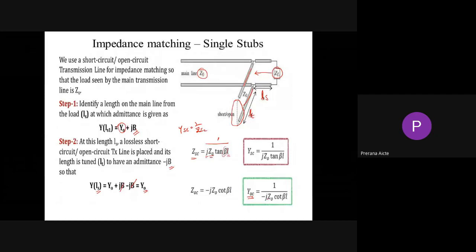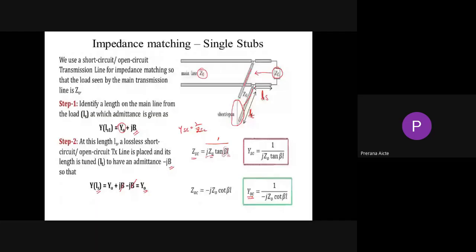Okay. Now, in this single stub line, the length is fixed. Once the length is fixed, the admittances or impedances may change. To avoid these changes of the admittances or impedances, we have to use double stub matching.